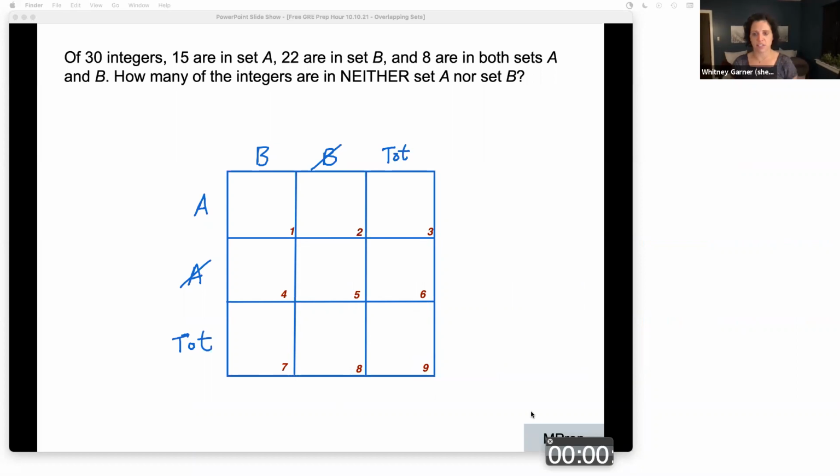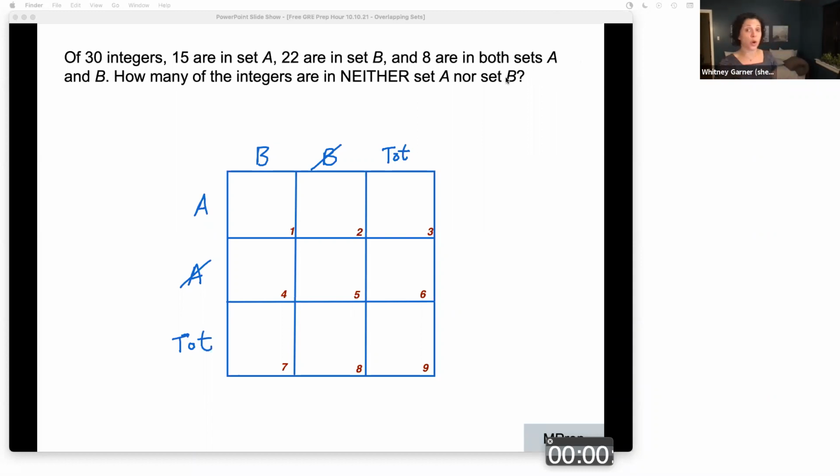Go ahead and type that to me in the chat. Which box gets the 30? Awesome. Yes, exactly right. If you haven't sent me one, see if you can guess it. I want to give everybody a chance to guess.